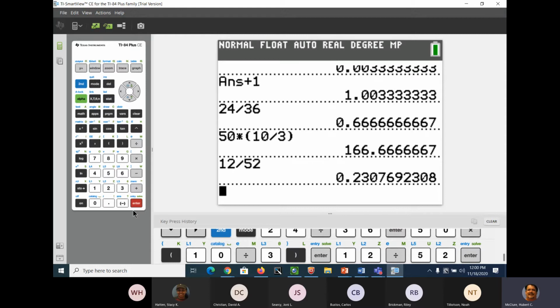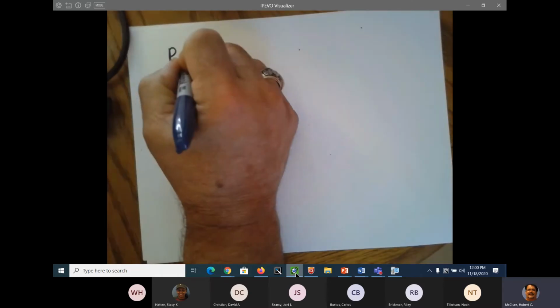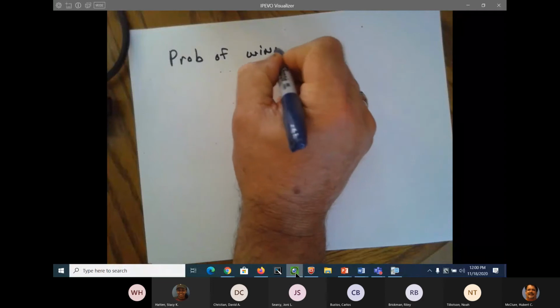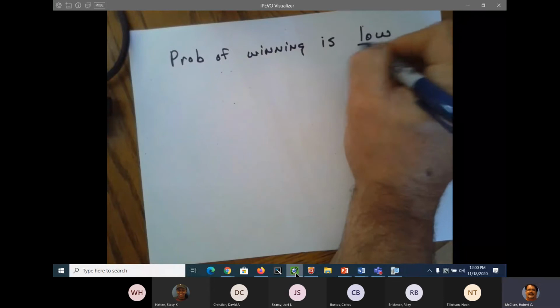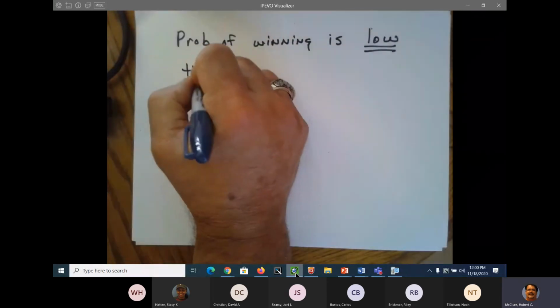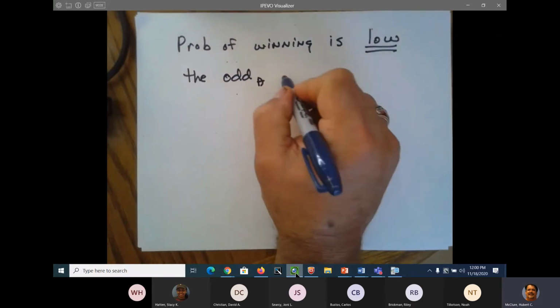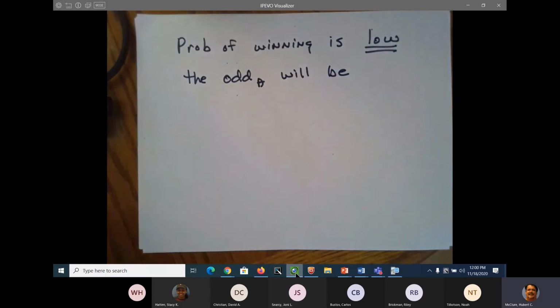Anyway, so what can we generalize? We can generalize that if the probability of winning is low, the odds against will be what? Well, let's see what happens. Here's when the probability is high.